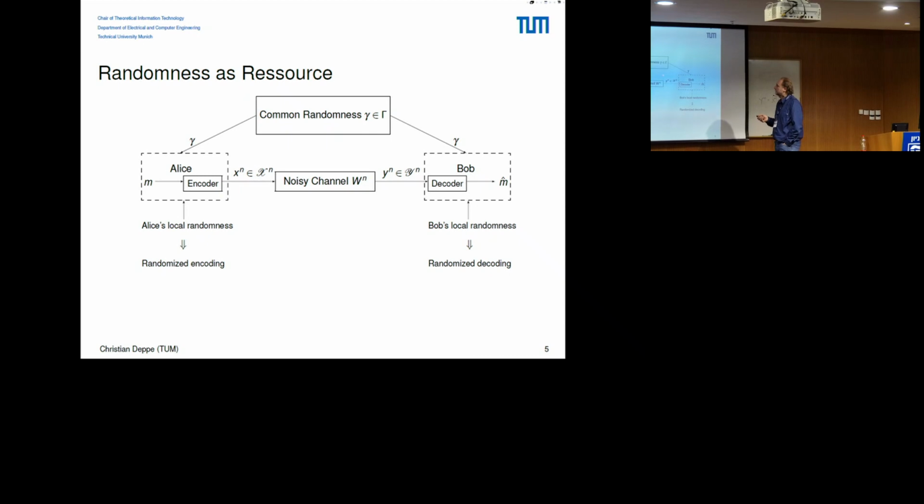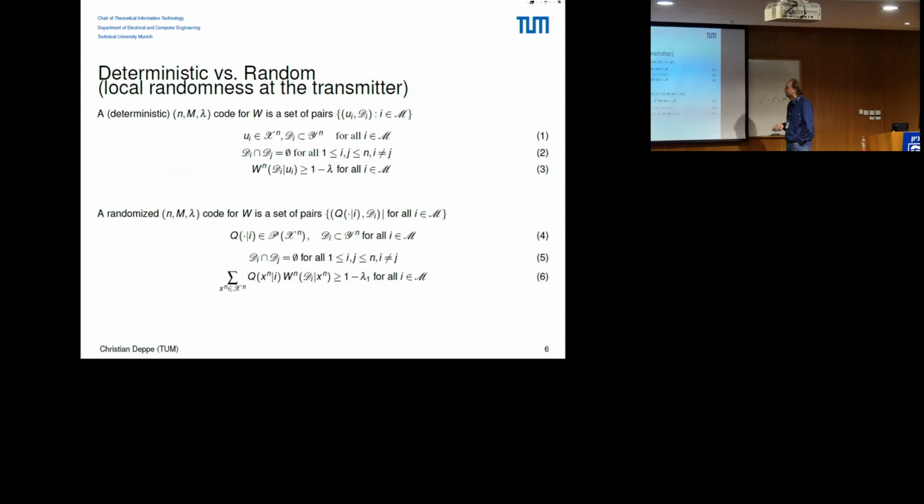And also we look at common randomness, so there's a common experiment, and Alice and Bob have some common randomness. And we look at what happens if we use these resources, what effects these resources have on the coding.